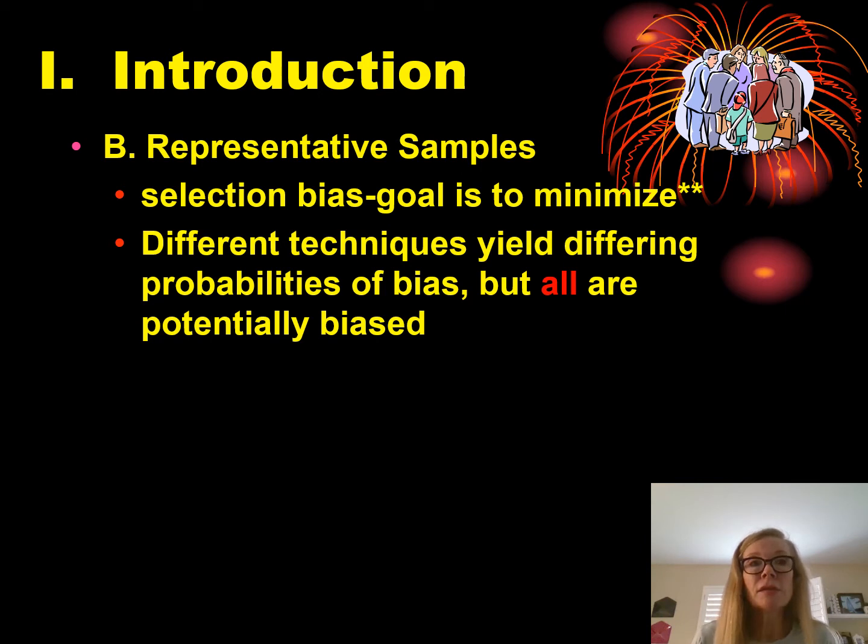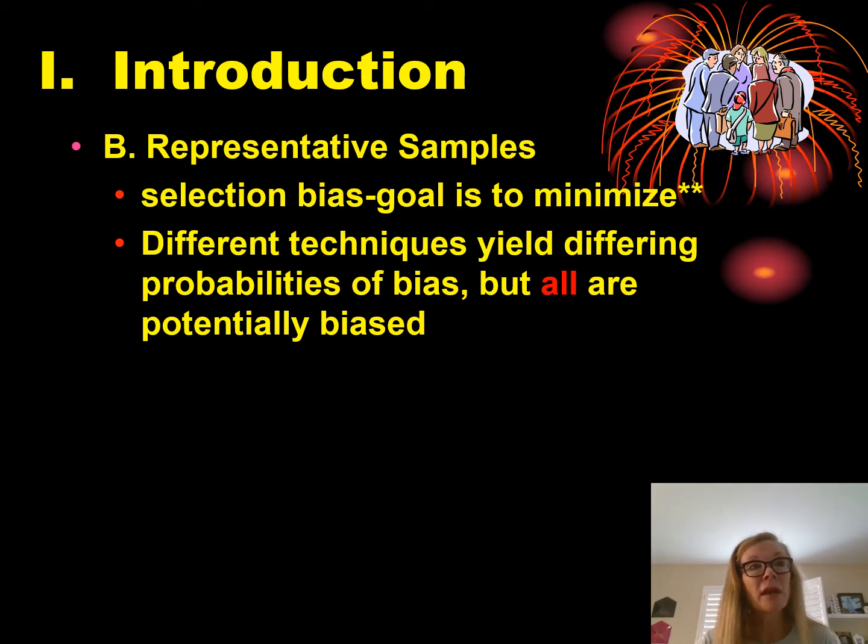It means systematic. So, in other words, if you are using a biased means of selecting your sample, that means that each person in your target population does not have an equal chance of being selected for your sample.